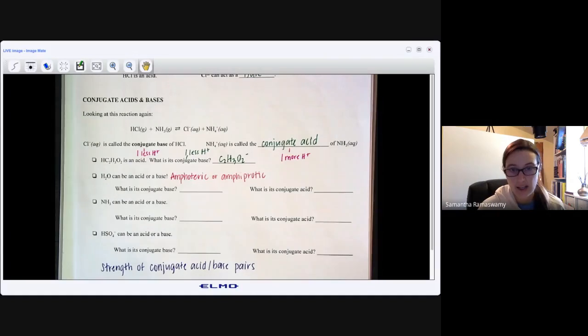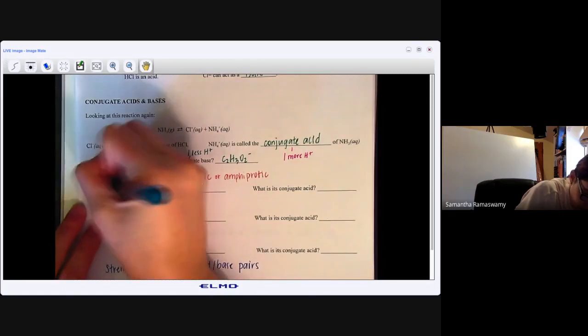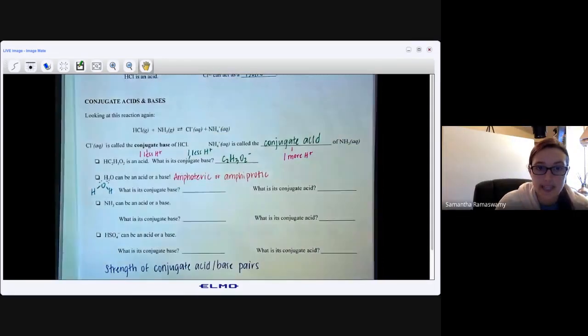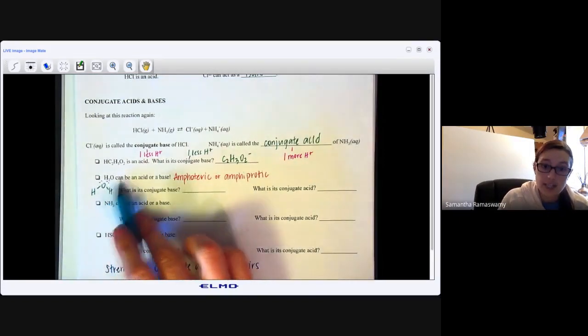In order for something to be amphoteric, it needs to have an H that it could donate, but it also needs space for an H to be accepted. So when we look at H2O, it needs a lone pair to accept an H. Water has lone pairs, so it could accept an H.